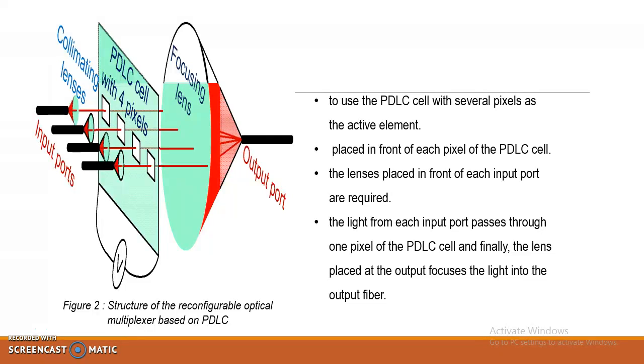In addition, variable attenuation can be achieved by applying intermediate voltage. Each pixel can be addressed independently from the adjacent one, so each input port can be switched on or off without affecting the others.